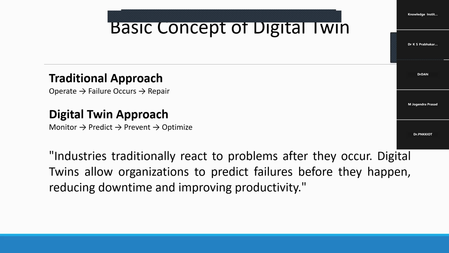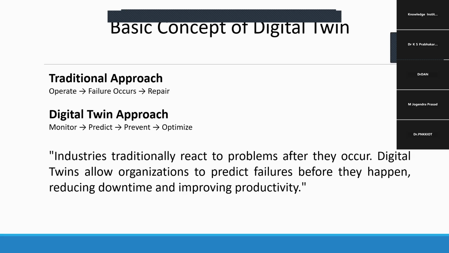Traditionally, industries react to problems after they occur. When an operation is going on, they only try to understand the failure of a particular process or machine after it gets repaired, and then they rectify it. That is the traditional approach.